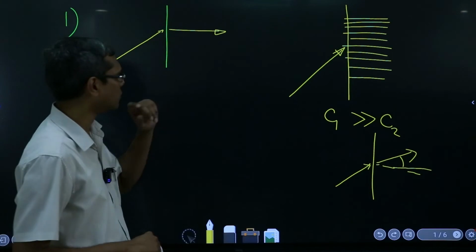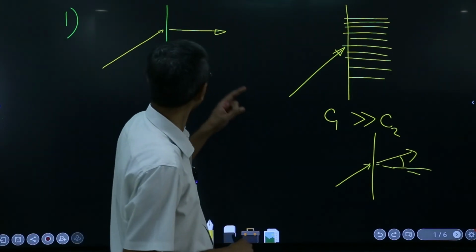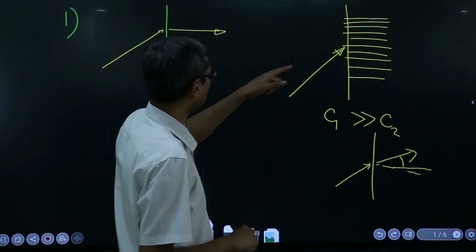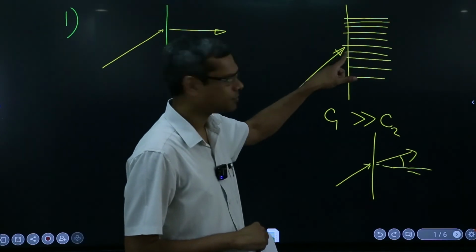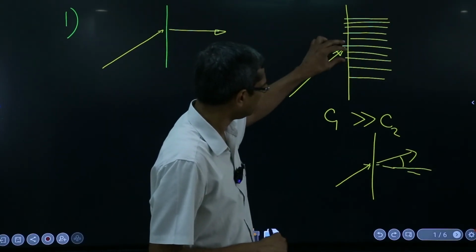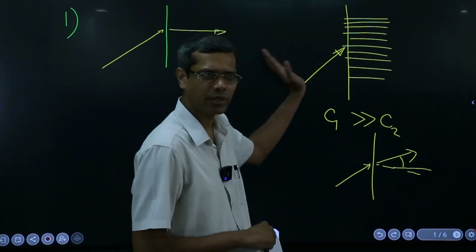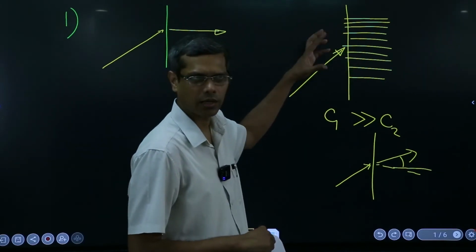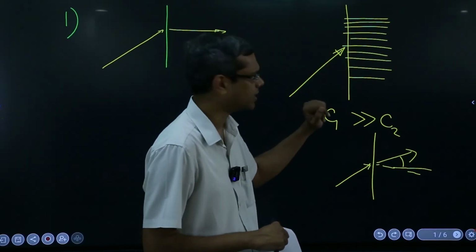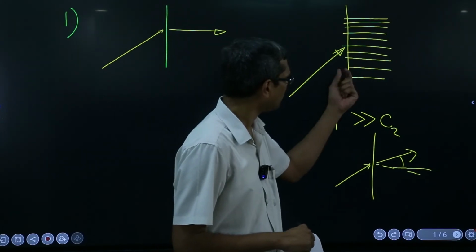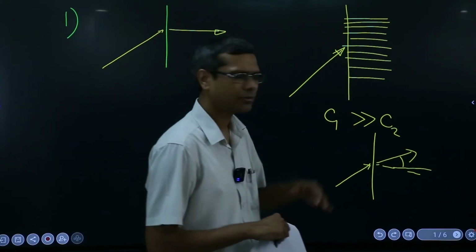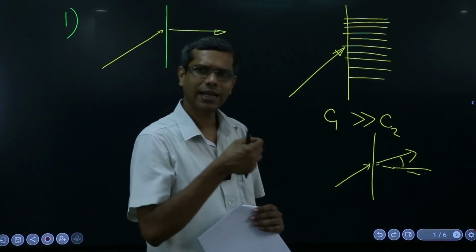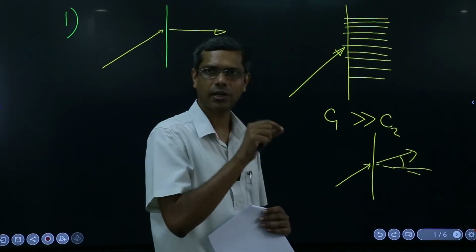Why locally reacting? Because at the junction, the pressure existing there is Pi plus PR on the left side, and on the right hand side it is acting like an impedance at that particular point.